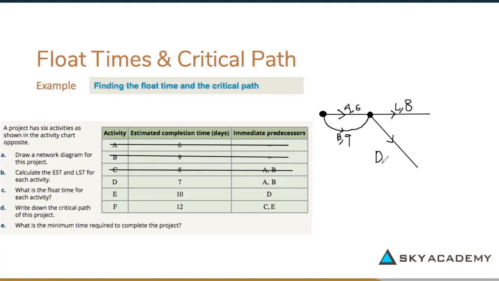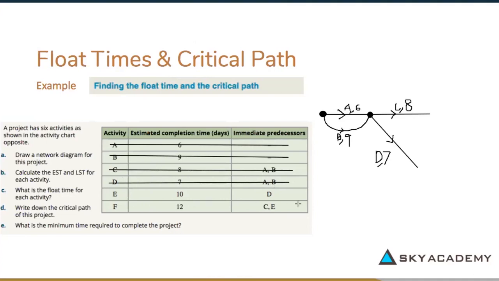All right, now we can go ahead and look at our next activity, which is E. And activity E comes out of activity D, so we can put it like this.